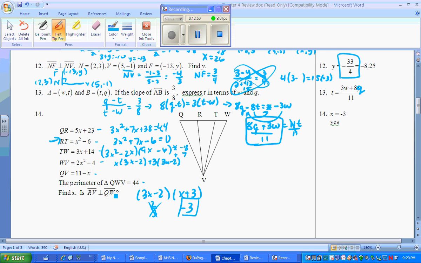Is RV perpendicular to QW? So is this line here perpendicular to here? You only know that if these 2 points are equal distant. So when you plug negative 3 back in, you get QV is 14. When you plug it over here, you get 14. So you know it's isosceles. When you plug it in here, you get negative 15 plus 23, so that's 8.